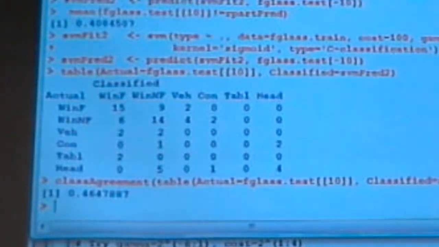The class agreement is only 40-some%, 46%. So actually, that means you can see that for support vector machine, the choice of kernel is really important, right? So it makes a difference. And of course, you also have to tune these parameters.